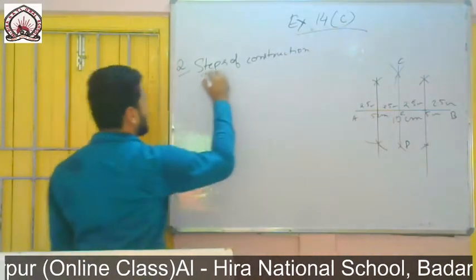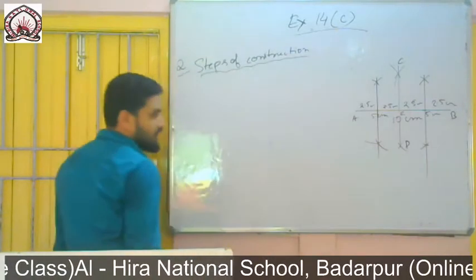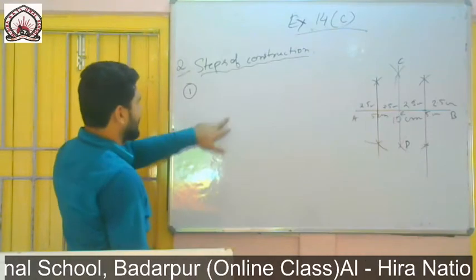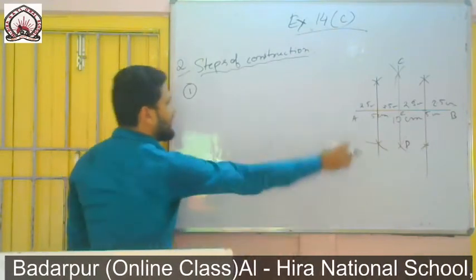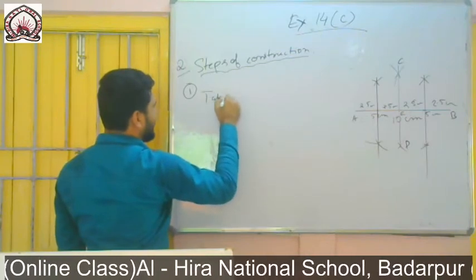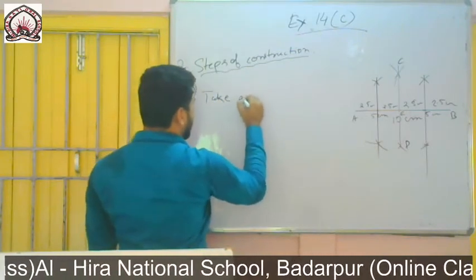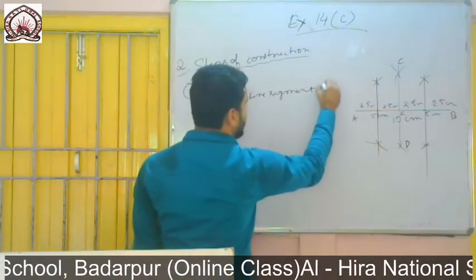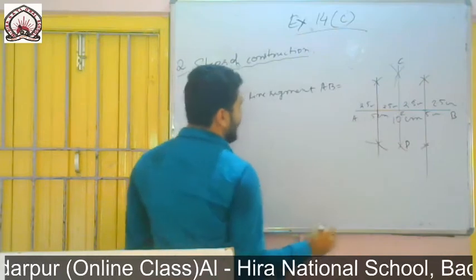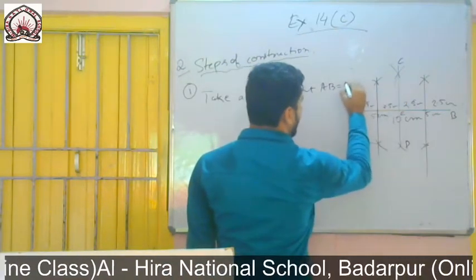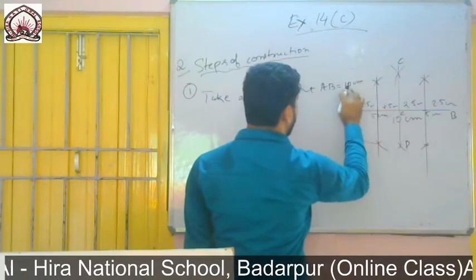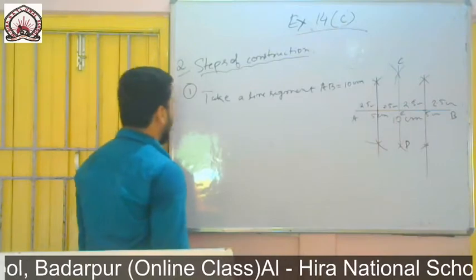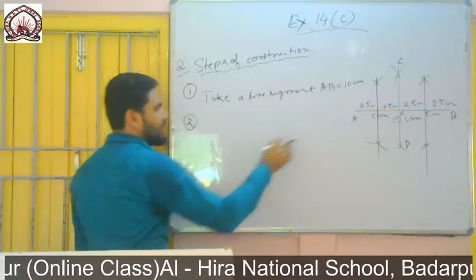Steps of construction, number 1 will be: first you take a line segment AB equal to 10 centimeter. Okay, 10 centimeter. Number 2, as earlier, you first bisect AB.